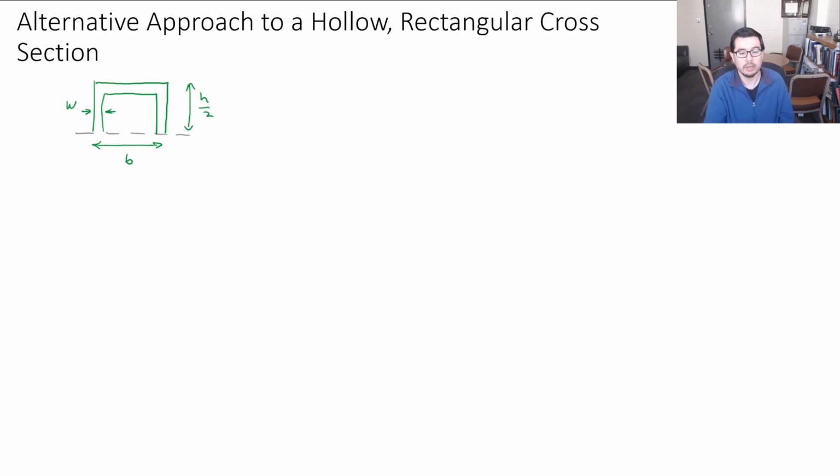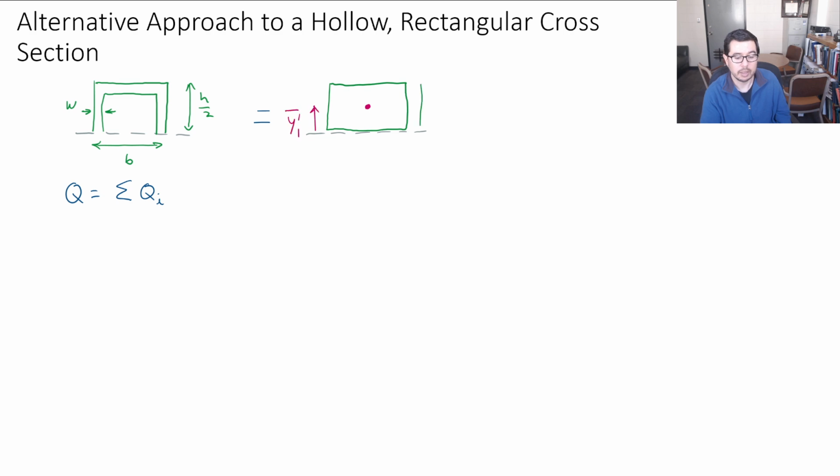Another way to look at this problem is to use something akin to the parallel axis theorem. We use that for second moments of area, but we can do something similar where we remove a region. So we have a region, and we have the region that we're going to hollow out.